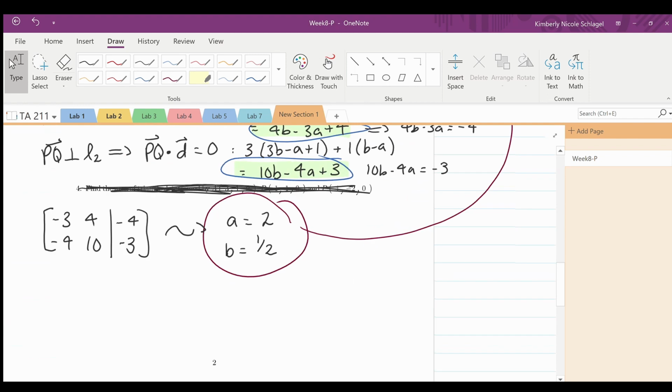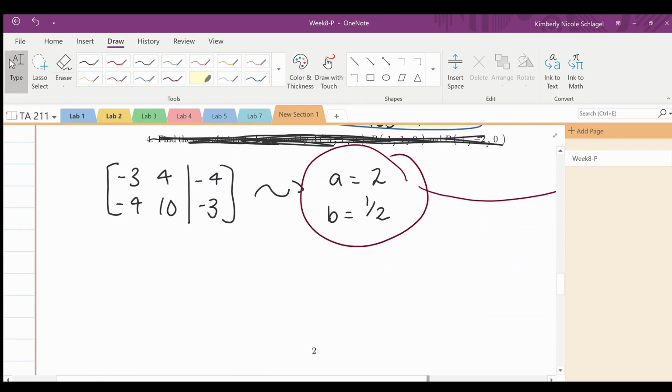Okay, so I'm going to do that down here below. So when I do this, I figure out that P is equal to 3, 1, 2, and Q is equal to 7 over 2, negative 1 over 2, and 3.